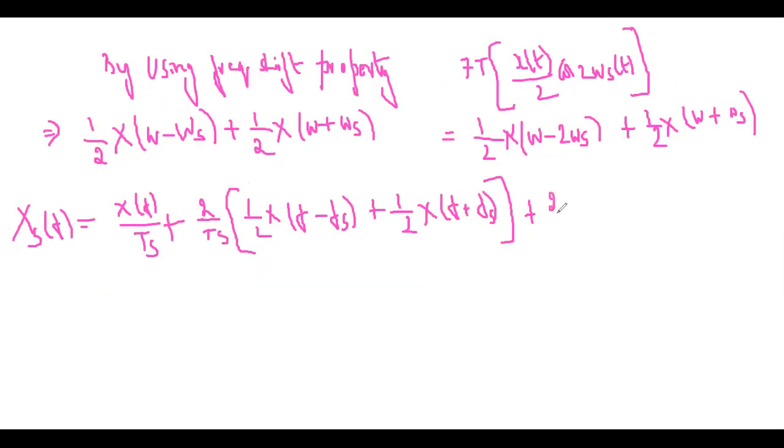Again, here also the 2 by ts. The second term is 1 by 2 x of f minus 2fs plus 1 by 2 into x of f plus 2fs.